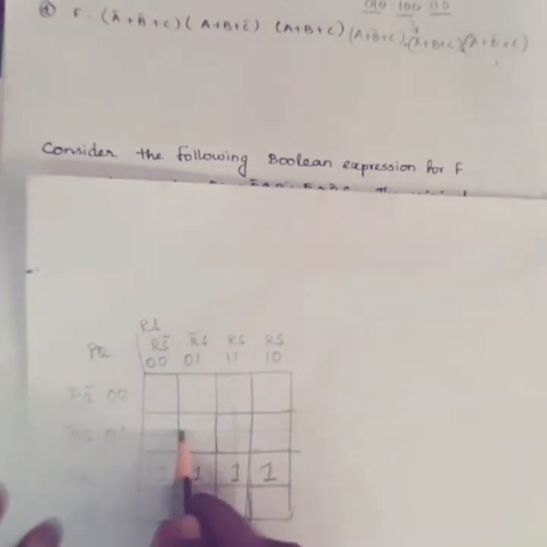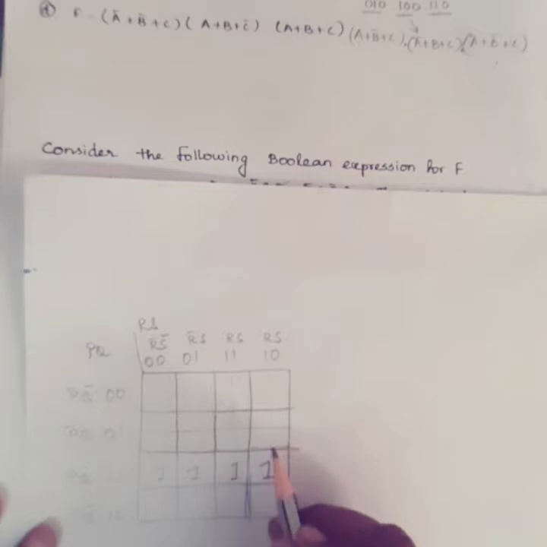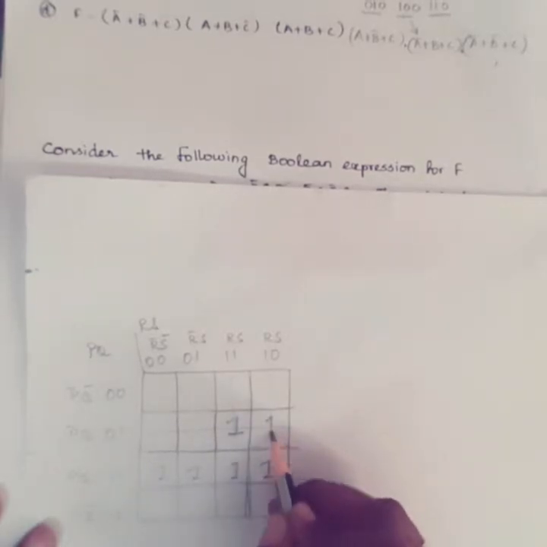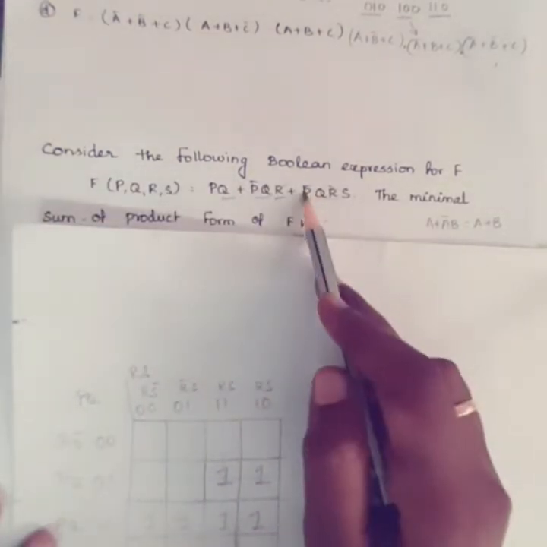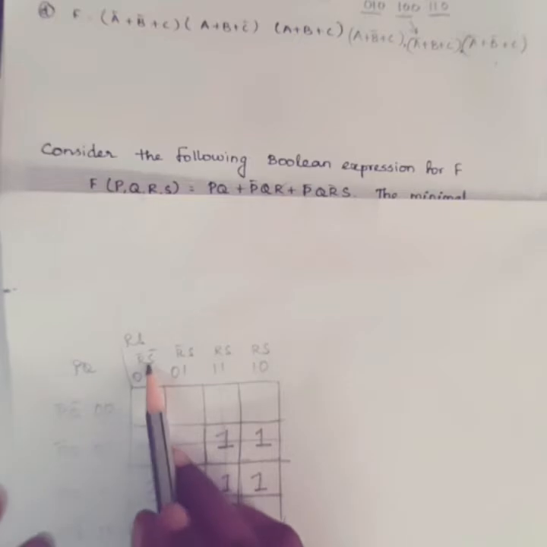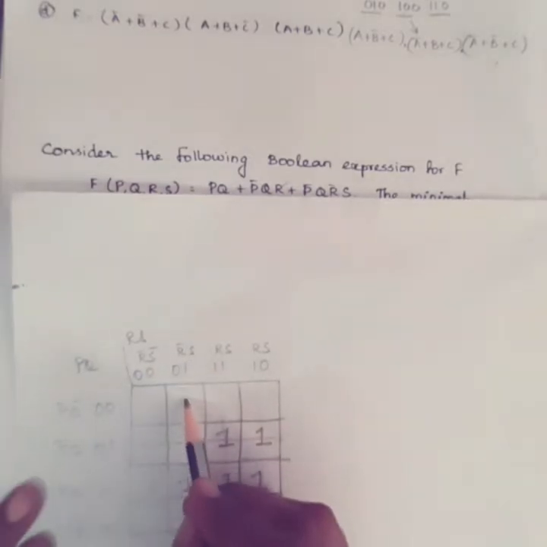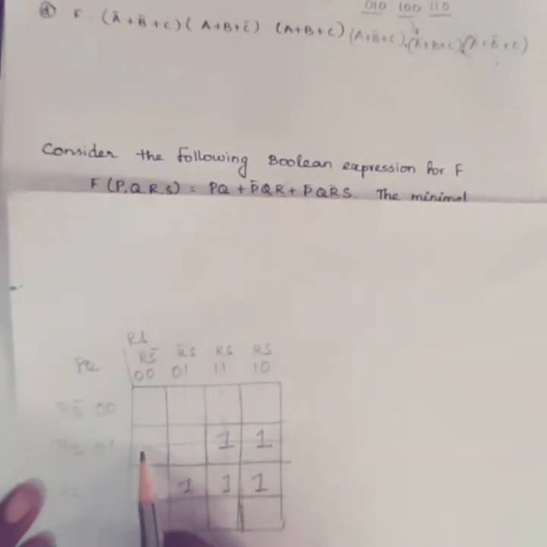So these two lines intersect at these two cells, so you have to put 1 in these cells. Okay, so next one, P bar Q R bar S. So first P bar Q, that is the second row, R bar S, that is the second column. Both intersect in this cell, so you have to put 1 here.